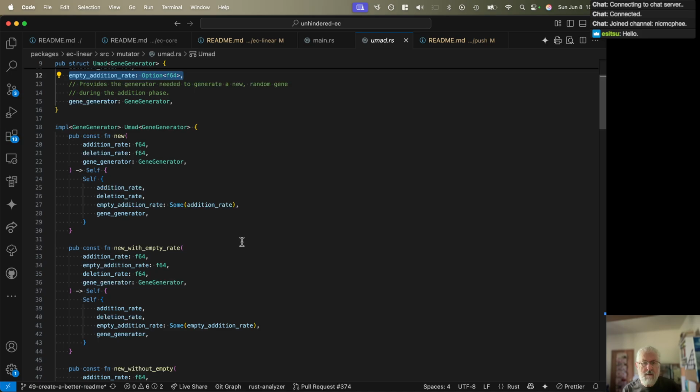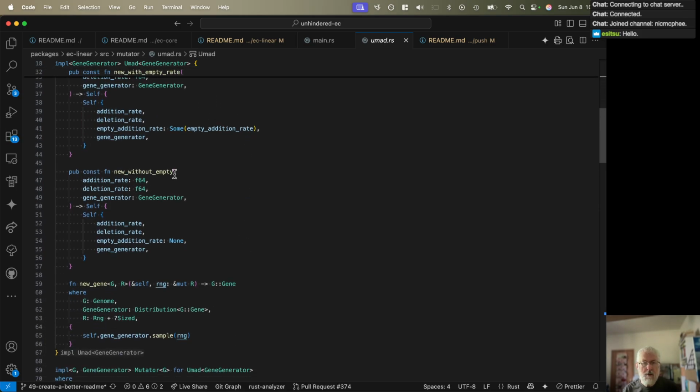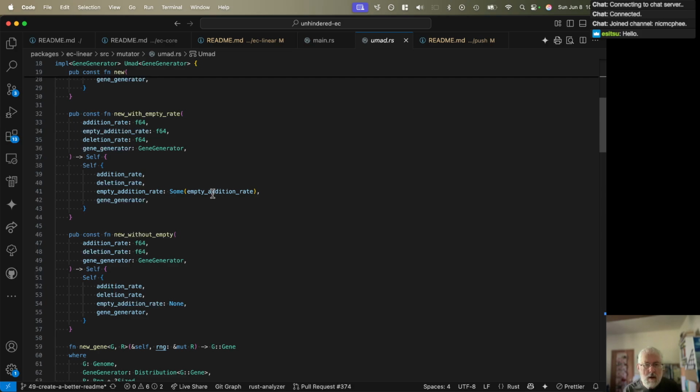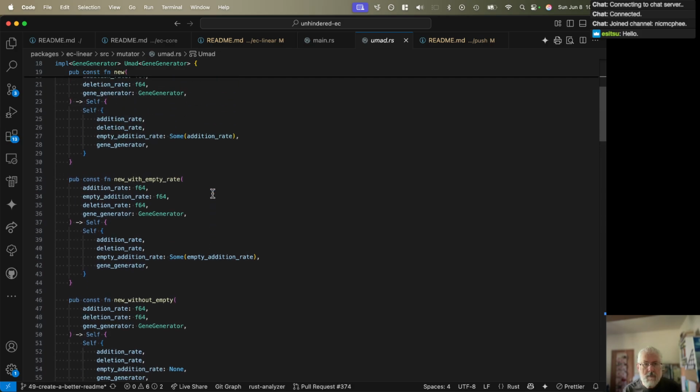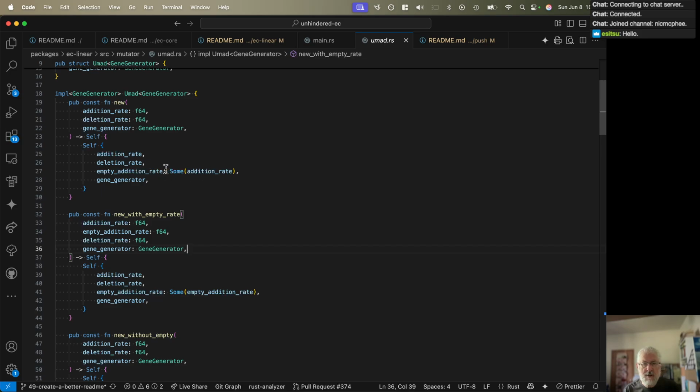And we have a new constructor that takes an addition and a deletion, and a new with empty rate that takes an addition, a deletion, and an empty addition, and a new without empty. So new assumes that empty addition is the same as addition, so it puts the same addition rate right there.